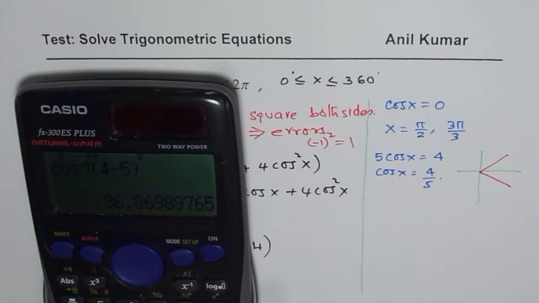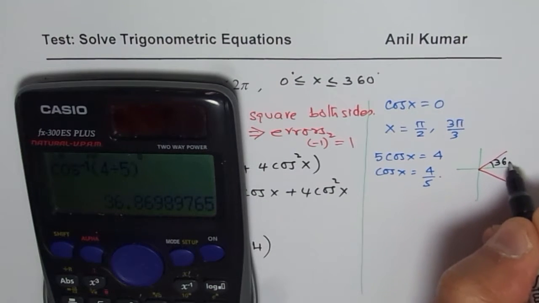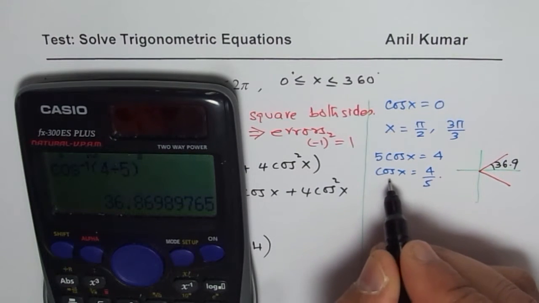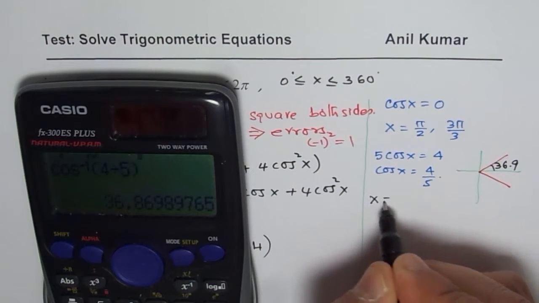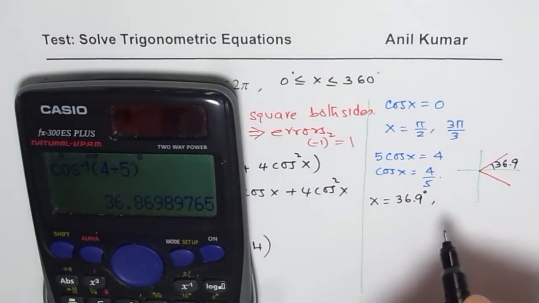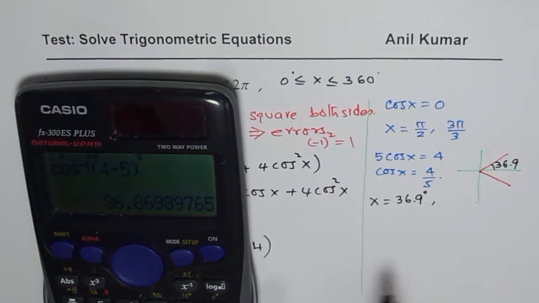So one of the solutions is, let us say, 36.9 degrees, or the other angle, which is 360 minus 36.9. Well, my calculator was in degrees, so I got that answer. I should actually change it to radians. Let's do it again and see what the answer is.